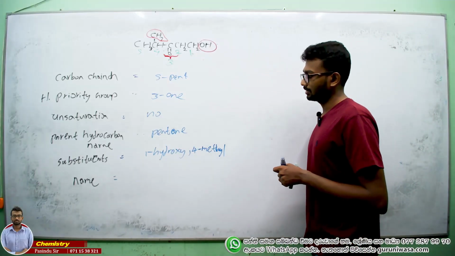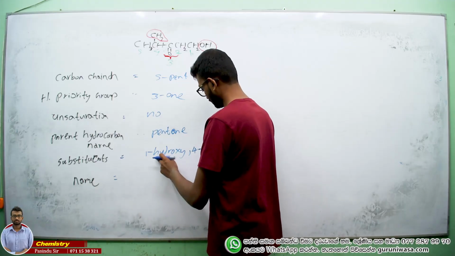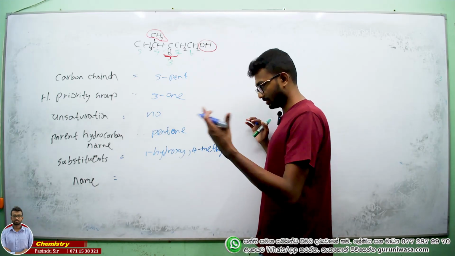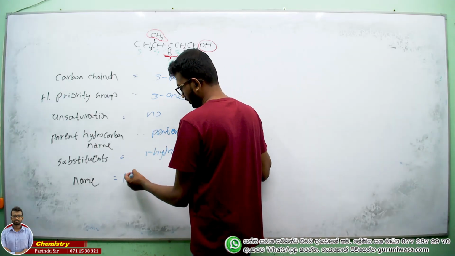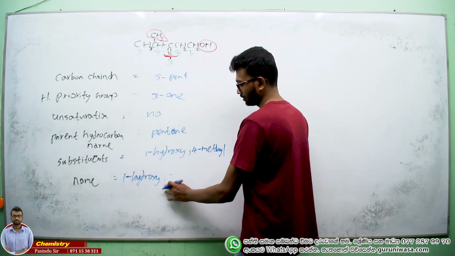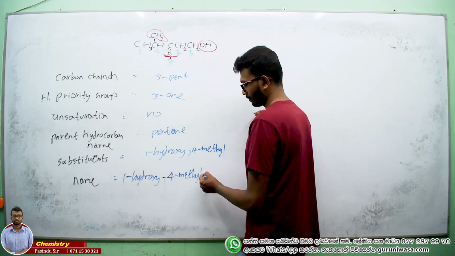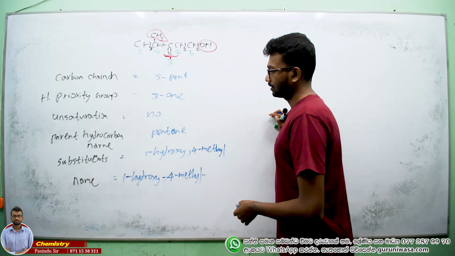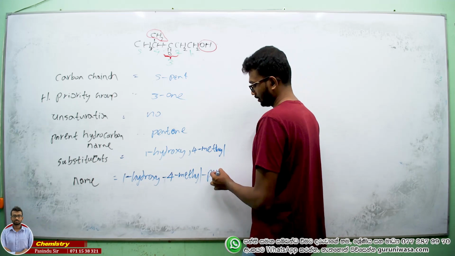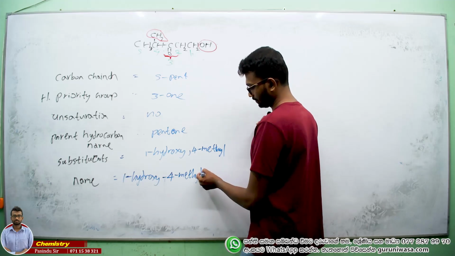For methyl, then name, pent. So we start from here. Which one comes first? H comes first. So 1 hydroxy, then 4 methyl, then pentane. For methyl pentane, how many spaces?